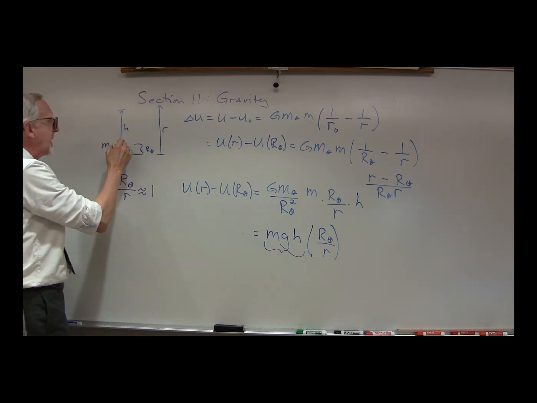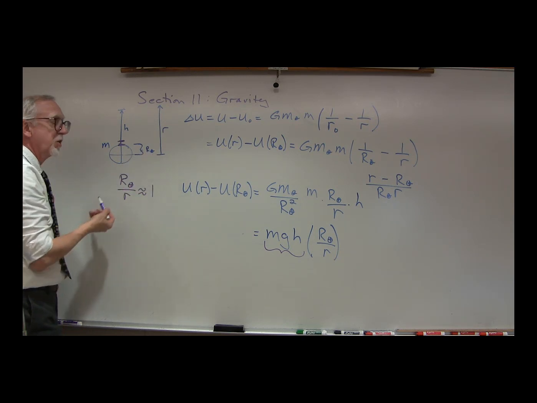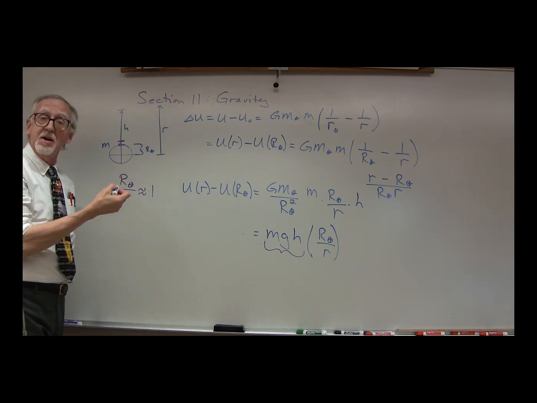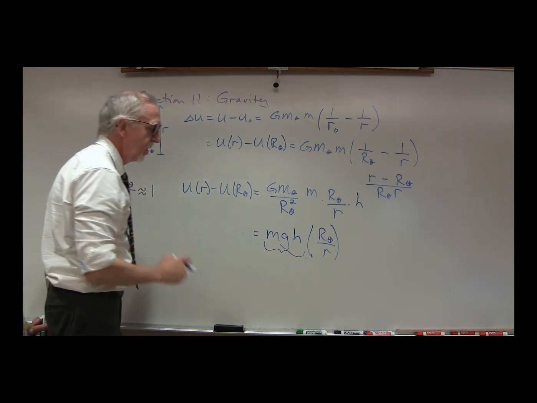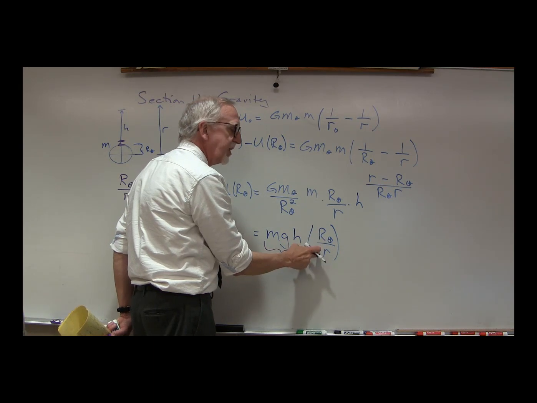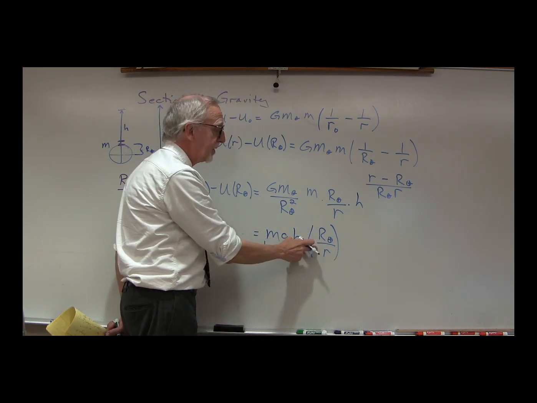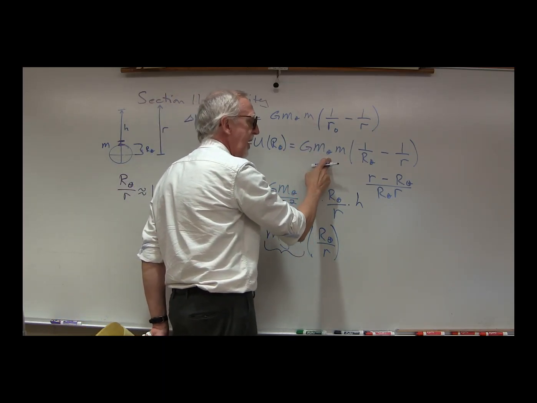What happens when we get to such a distance that r is no longer close to the radius of the Earth, and h is an appreciable quantity compared to the radius of the Earth? Well, this term starts getting small, but this term keeps getting big. So what happens? Let's go back up here and see.